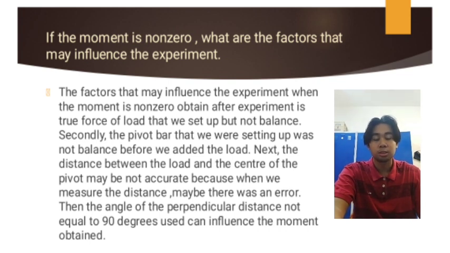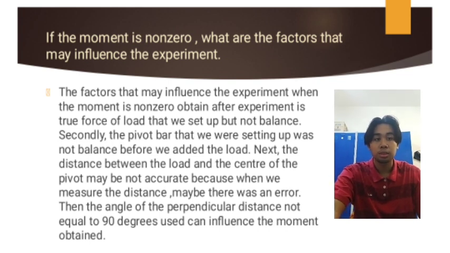If the moment is non-zero, what are the factors that may influence the experiment? The factors that may influence the experiment when the moment is non-zero are, first, the force of the load that we set up is not balanced.